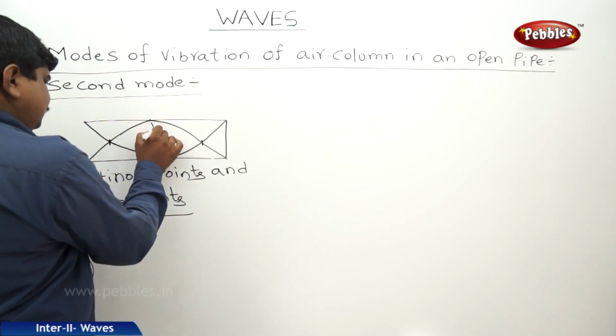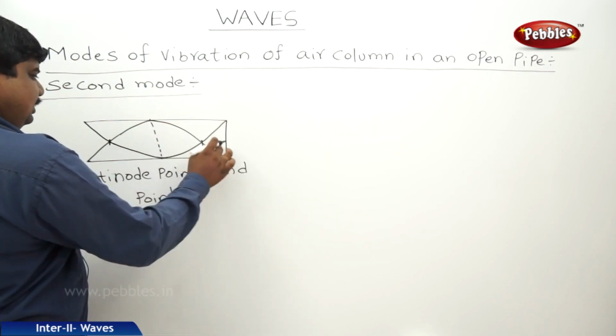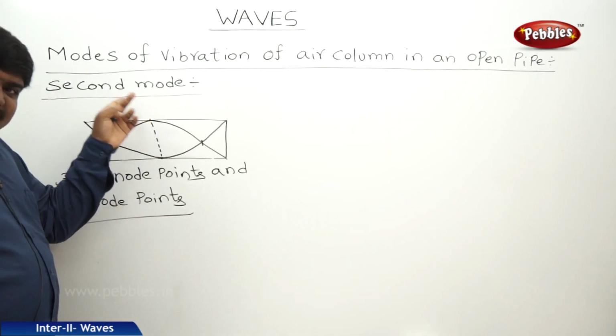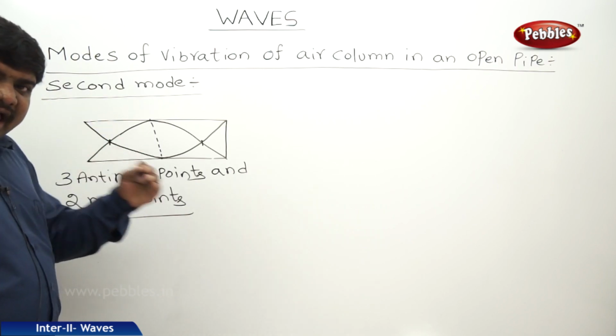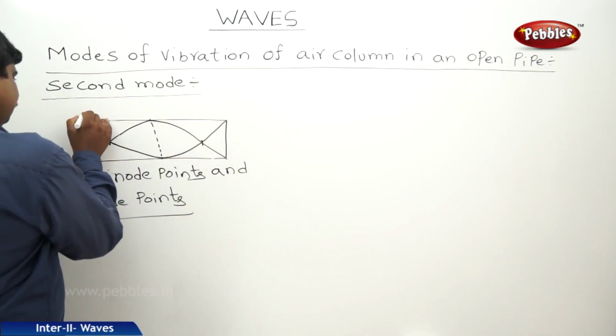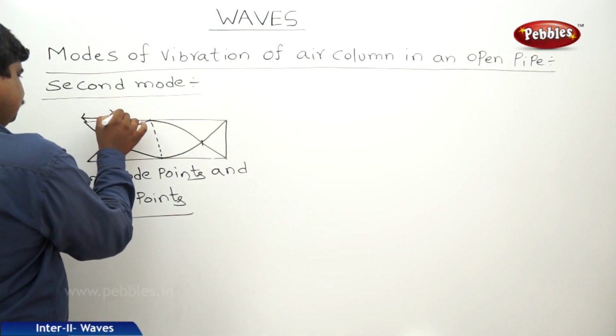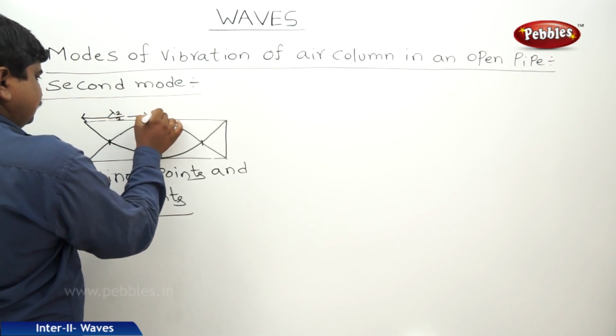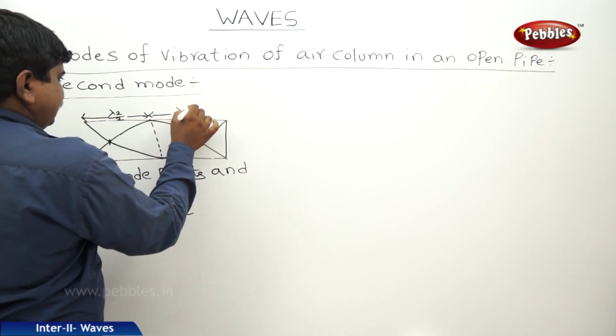Here to here the distance is lambda by 2, and here to here the distance is lambda by 2. So this is the lambda in the second mode, that's why we are taking lambda 2 by 2.